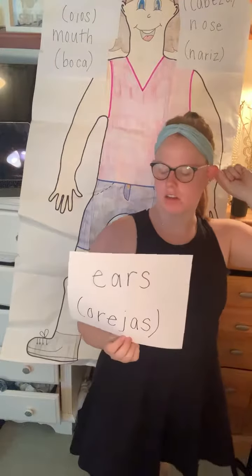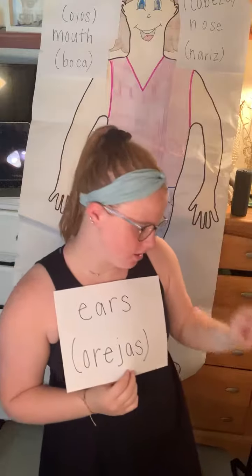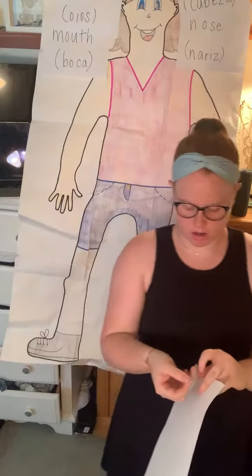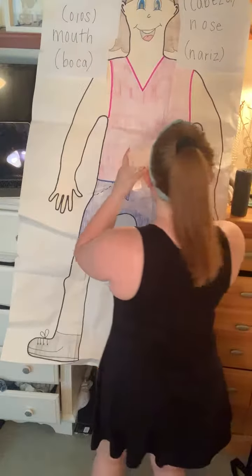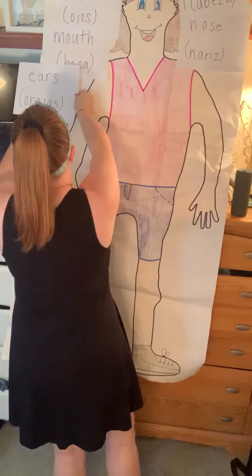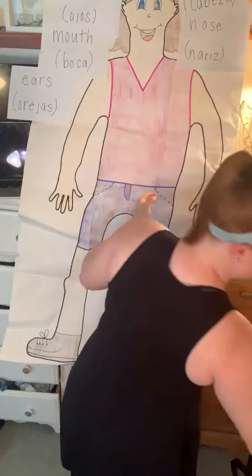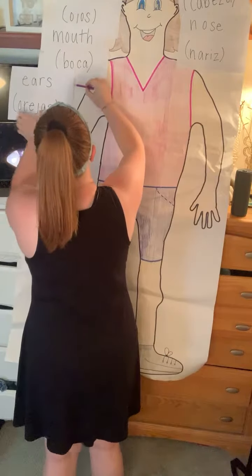Our ears. Our ears help us to listen to people and to listen in school, right? So we're going to put the ears here, and draw a line to the ears.